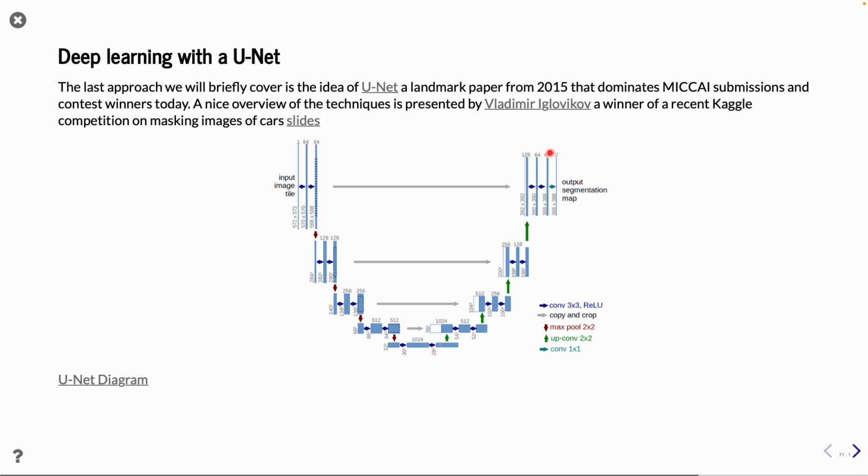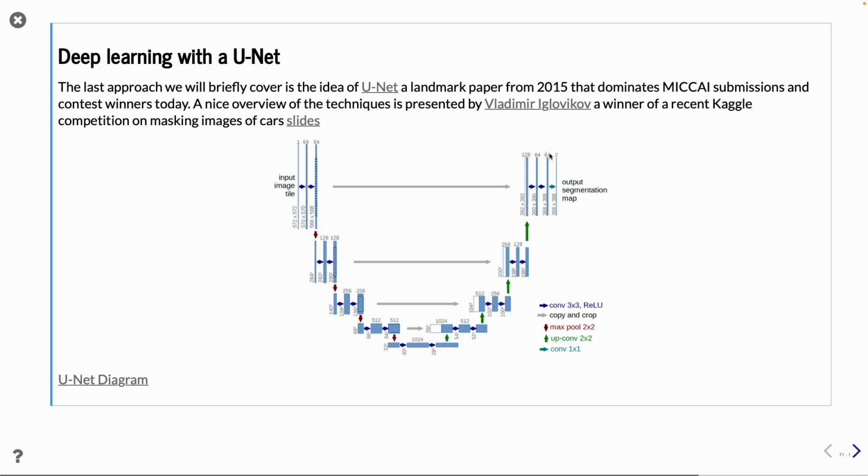Then you can do the upsampling, and you get the U shape of this network. That's why it's called the UNet. What is also given is that the output is not only downsampled, but also forwarded across to the other side of the network. So that was a UNet in very short time.